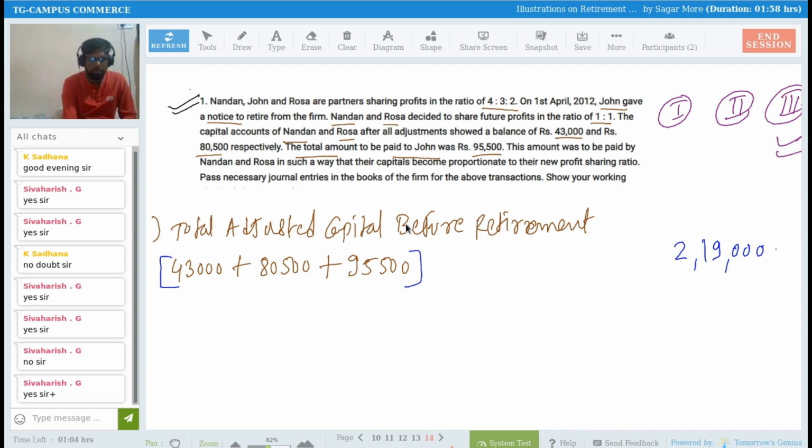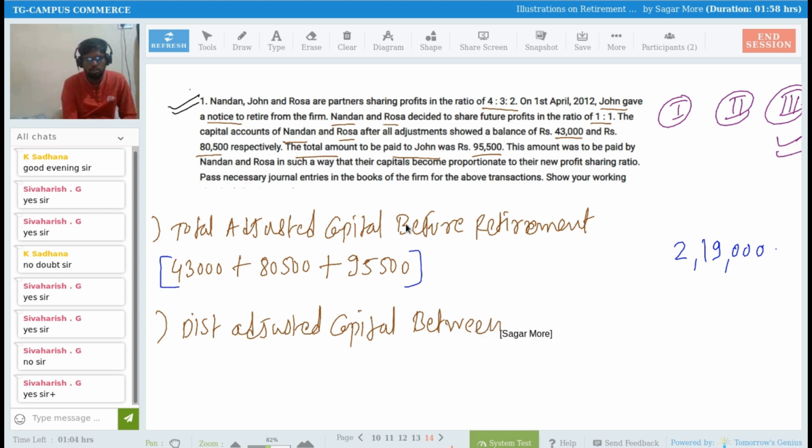Now, step number 2, you have to distribute adjusted capital between the continuing partners. Who are the continuing partners? Nandan and John, no? Sorry, Nandan and Rosa.